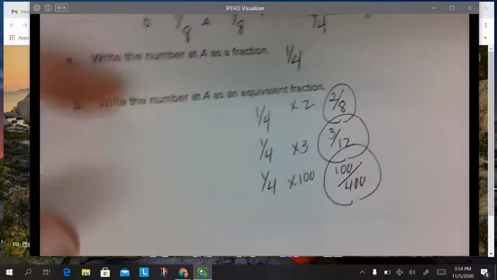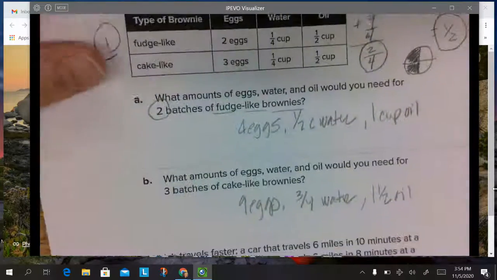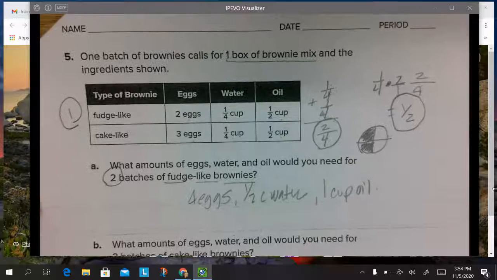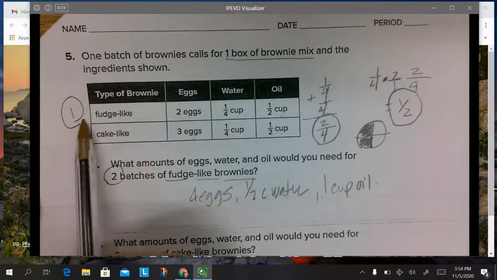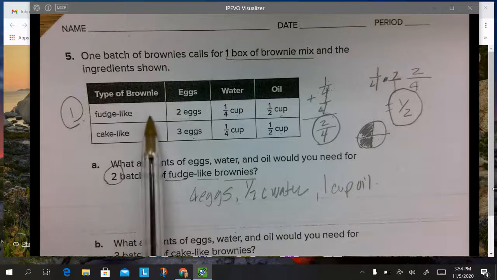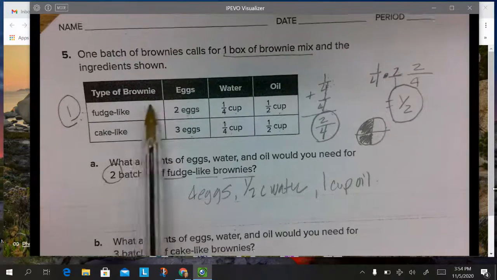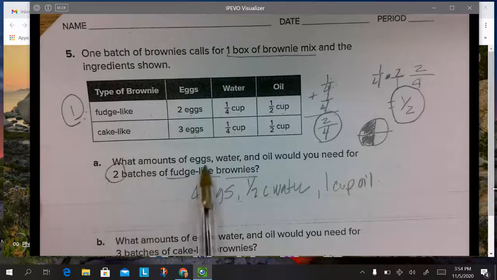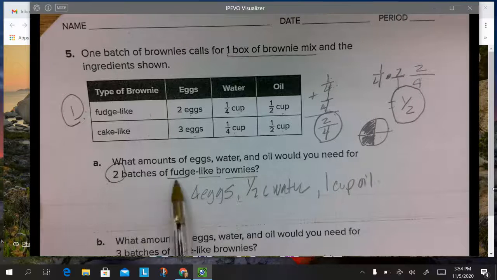All right. Good job. Look at the next one. The next one says 1 batch of brownies calls for 1 box of brownie mix. Okay, so this is 1 batch. You got fudge-like brownies and cake-like brownies, but either way, it's 1 batch. All right. The question says, what amounts of eggs, water, and oil would you need for 2 batches? So you're doubling it. 2 batches of fudge-like brownies.